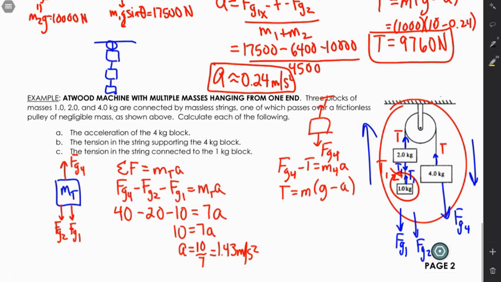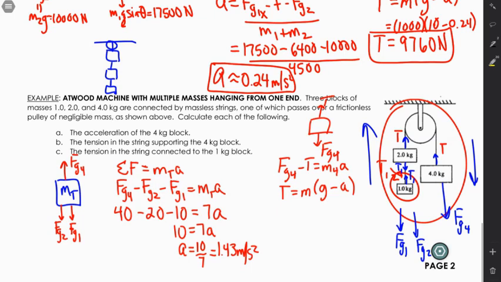But what happens again, I end up with T equals M times G minus A. I add T over, I subtract M4A over, right? So that's what you do.